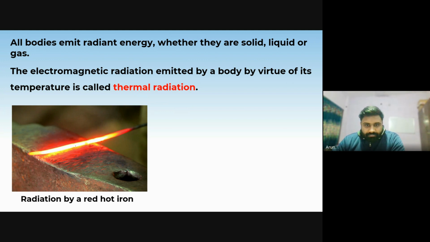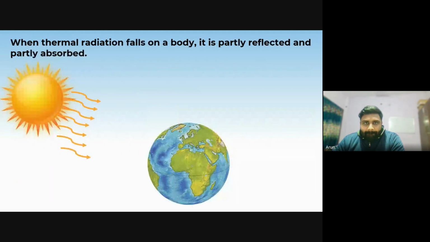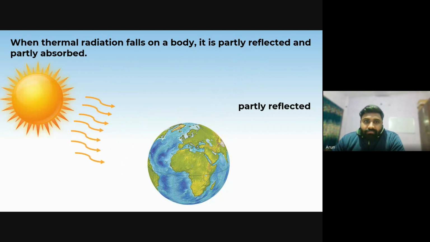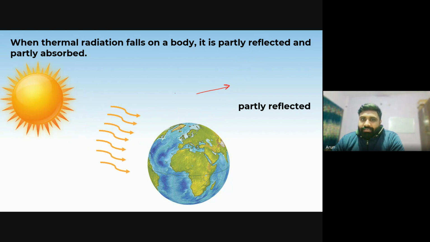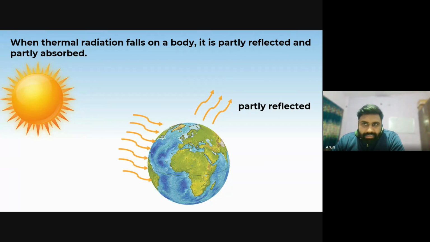Now, the light bulb is an example. What happens when the energy is coming? It is partly reflected or partly absorbed. Practically, nobody can absorb complete energy.